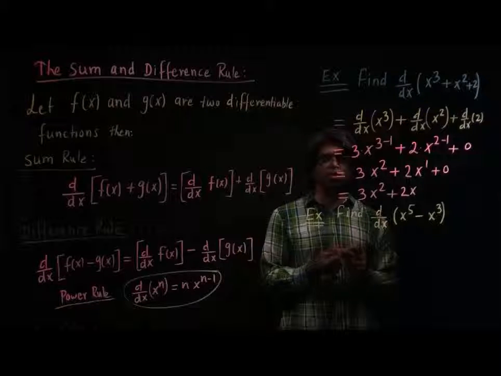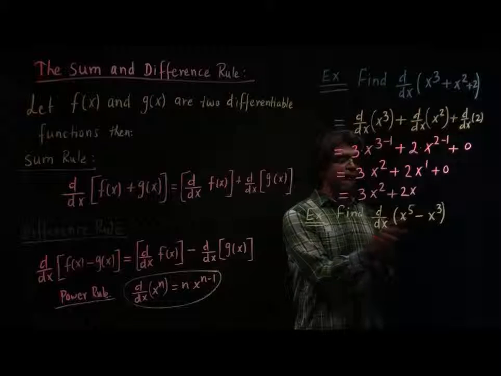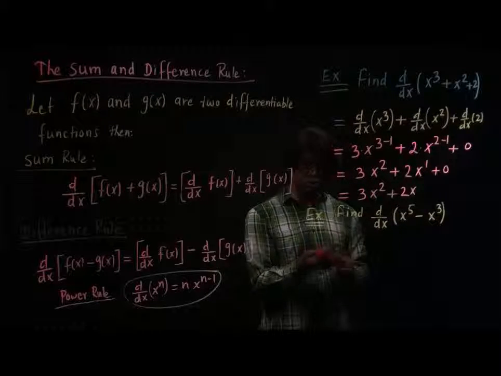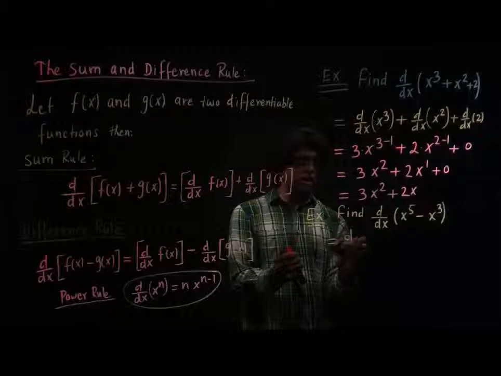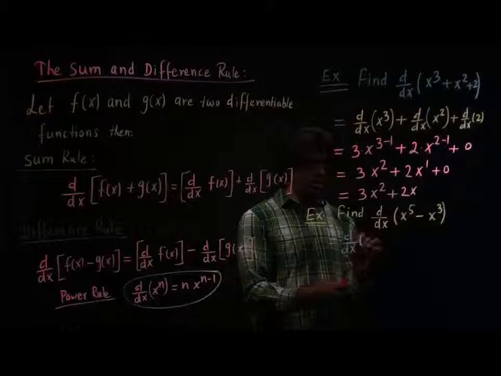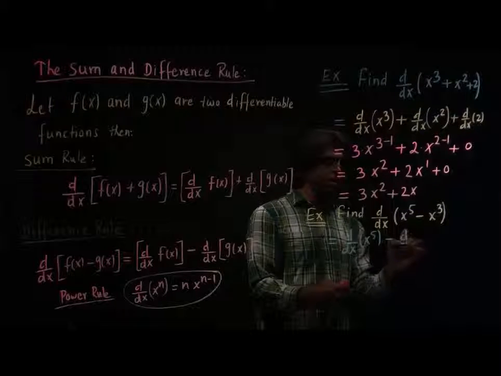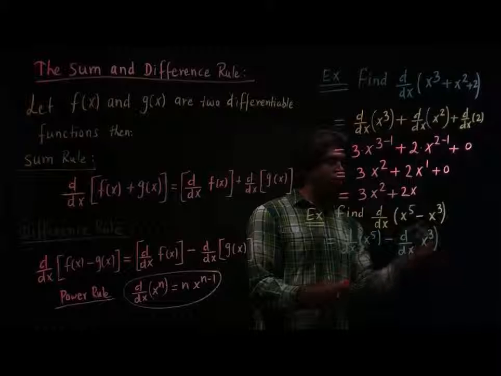So I'm going to use the difference rule to separate x to the power 5 and x to the power 3. If I do that, this is equal to d by dx of x to the power 5 minus d by dx of x cubed.